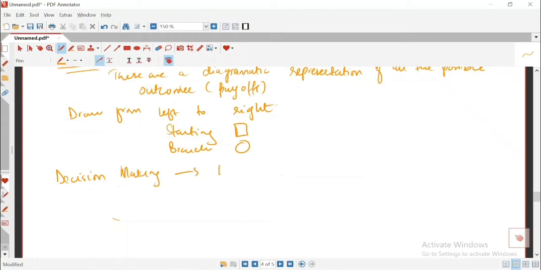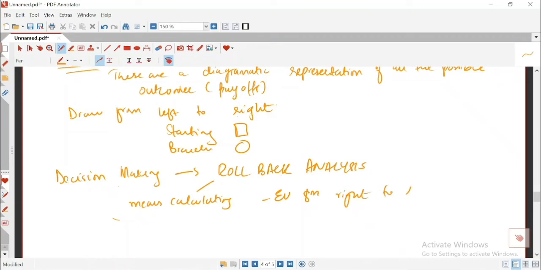Decision making में हम use करते हैं roll back analysis. अब roll back analysis क्या होता है? Roll back analysis means calculating expected value from right to left.